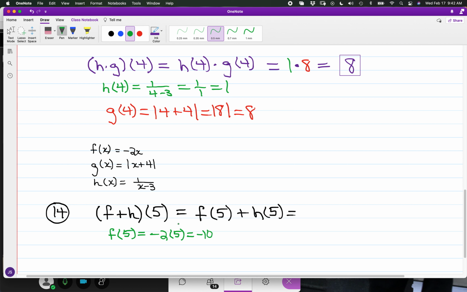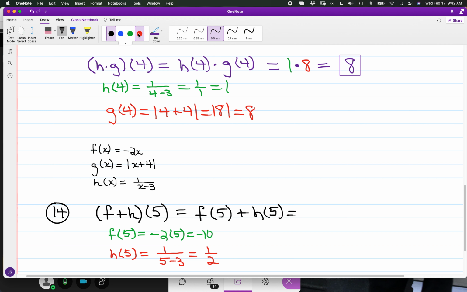For h of 5, we have 1 over 5 minus 3, and that is equal to 1/2.